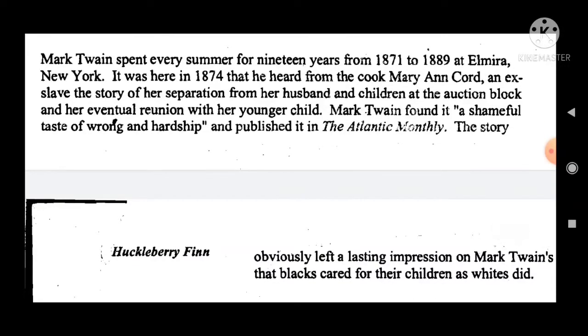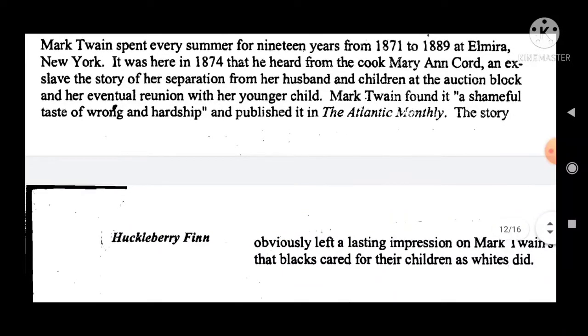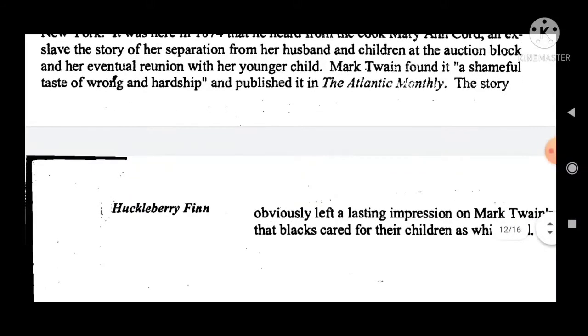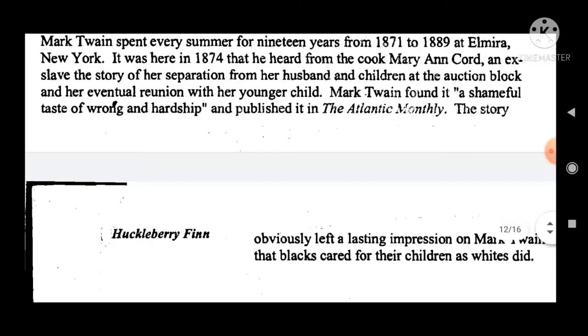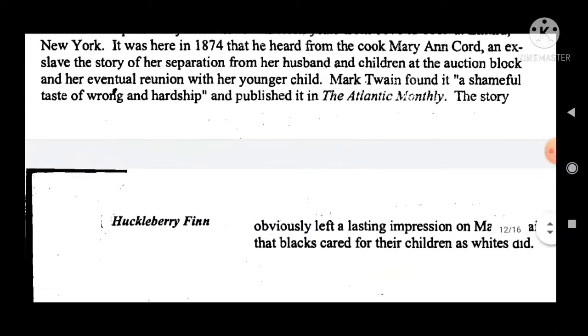It was here in 1874 that he heard from the cook Mary Ann Cord, an ex-slave, the story of her separation from her husband and children at the auction block and her eventual reunion with her younger child. Mark Twain found it a shameful tale of wrong and hardship, and published it in the Atlantic Monthly.